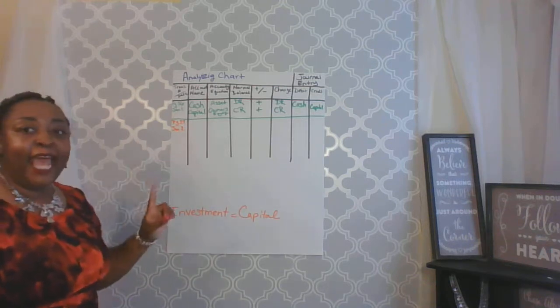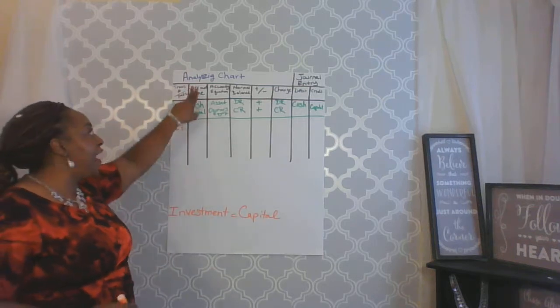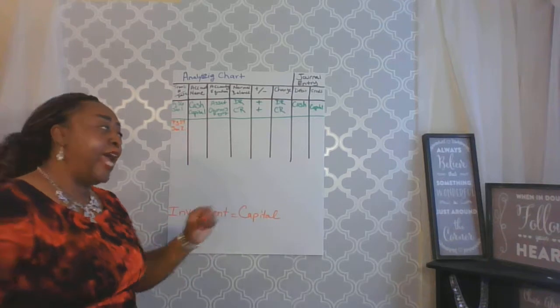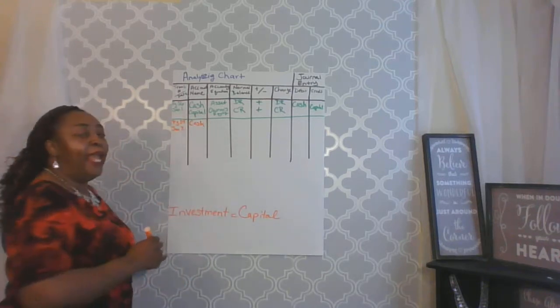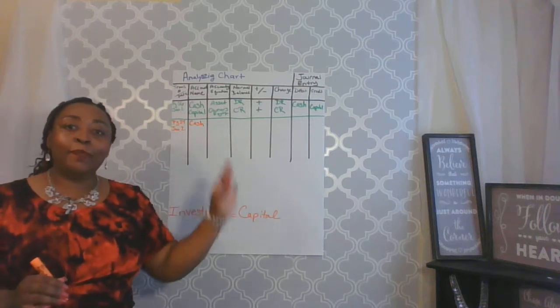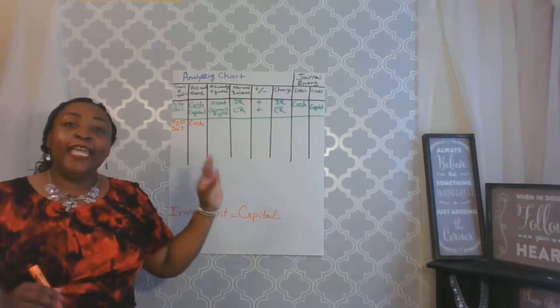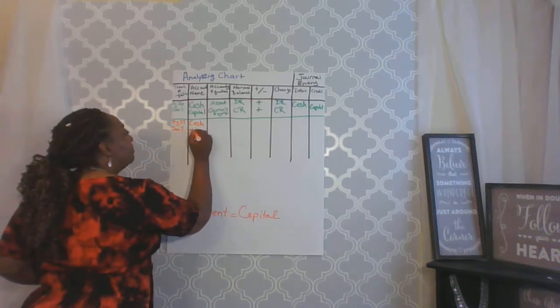So if I paid cash for supplies, what are my two accounts that are affected? I paid cash. So we know cash is affected. And I paid cash for supplies. Supplies is an account in the chart of accounts. So supplies is affected.